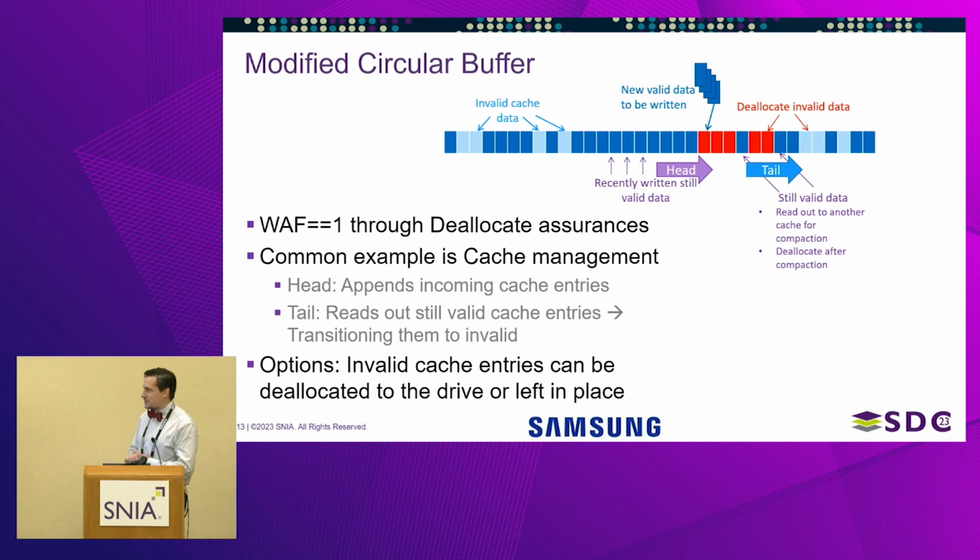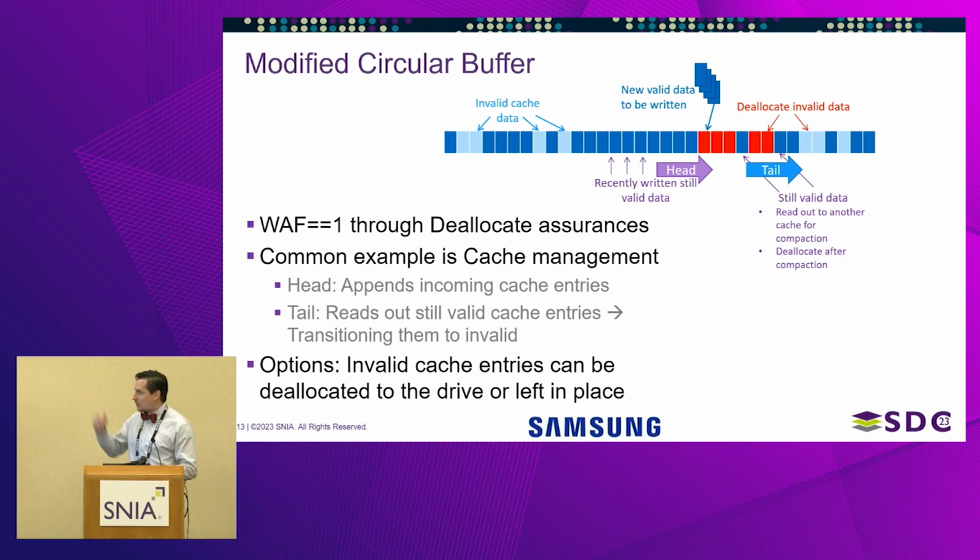Essentially, this is what I'm calling a modified circular buffer. I have the head where the new valid data is being written. Any new cache entries coming into this small item engine might be inserted there. But on the tail side of it, we have this tail progressing ahead of the head, and since this is a cache, we want to make sure we get rid of anything that's still valid in that small item cache.